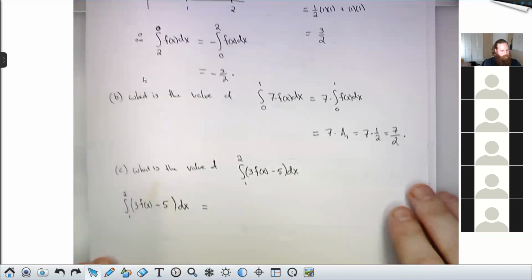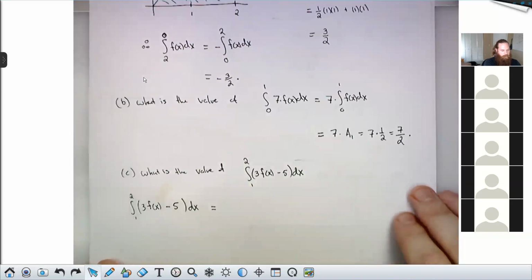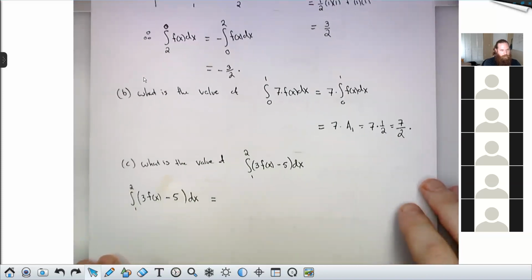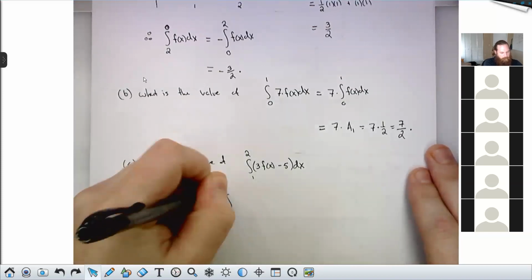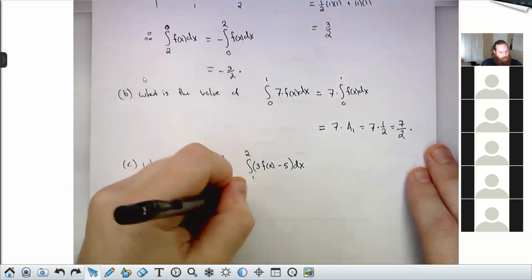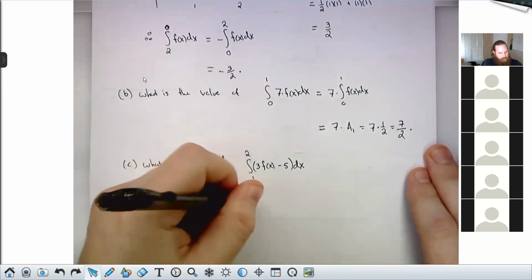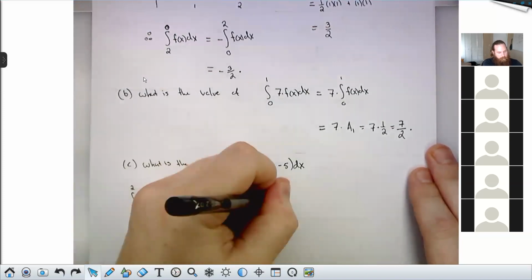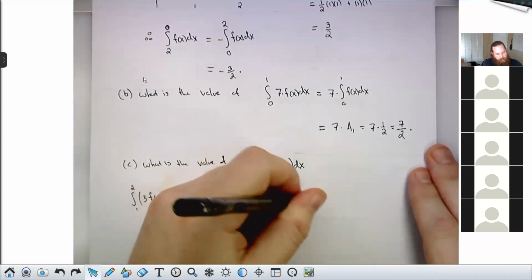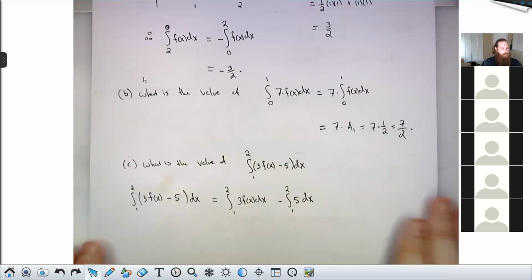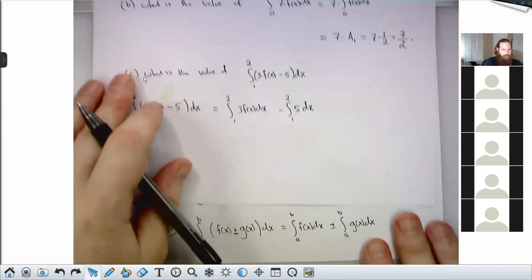Think of that fourth property, the linearity, the first of the two linearity properties. Good. First, I need to split this up. This is the integral from 1 to 2 of 3f of x dx minus the integral from 1 to 2 of 5 dx. All right, I'm thinking here of this property.